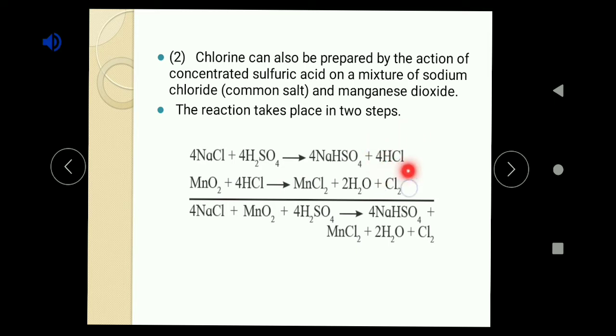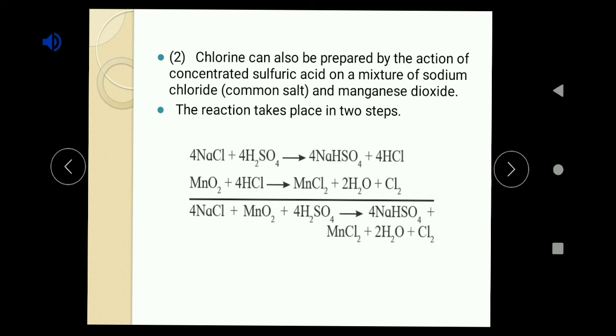And this HCl in the next step reacts with MnO2. As you know, we learned this reaction, and this is an oxidizing agent that converts HCl into chlorine by removing hydrogen. Hence, in the second step, MnO2 with HCl gives you MnCl2 and chlorine along with water.